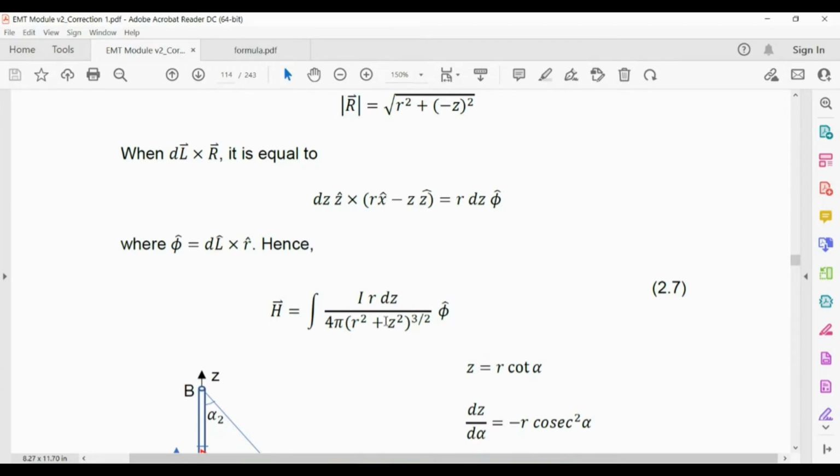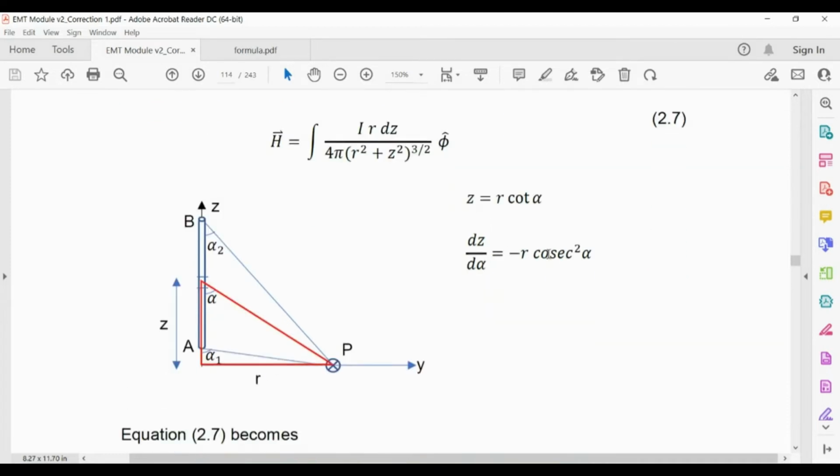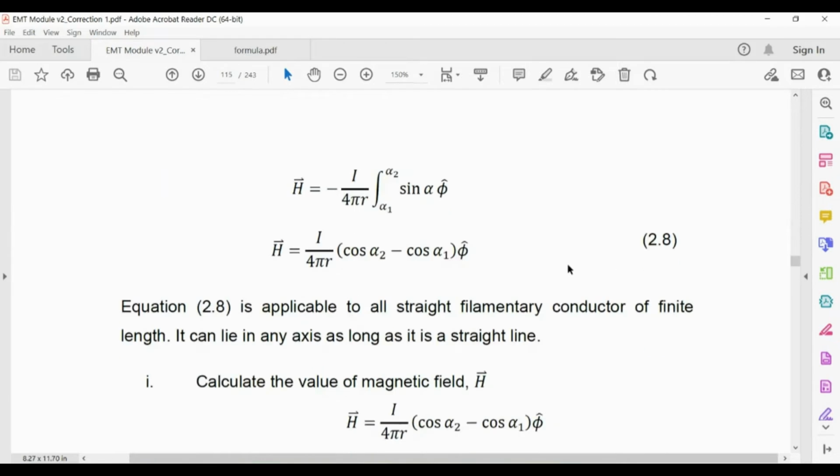Of course, it will be easier if you use software to help you calculate. You just insert everything, then the software can automatically calculate for you. This one is about the simplification of these equations, and finally you come up with cos alpha 2 and cos alpha 1.